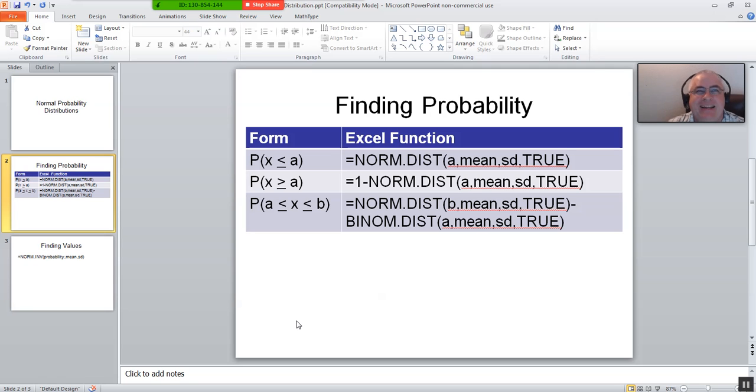Even if it asks for percentile. No, wait a minute. Percentile doesn't fall in this category. That's the next one. That's finding value. Okay, so if it asks for probability, percentage, proportion, area, those are all keywords that would tell us to use these formulas. Now you got a less than or equal to, greater than or equal to, or between two values. You just got 3 cases.